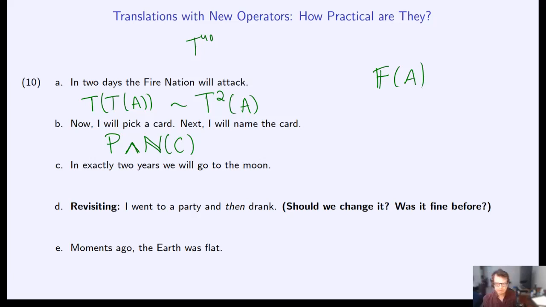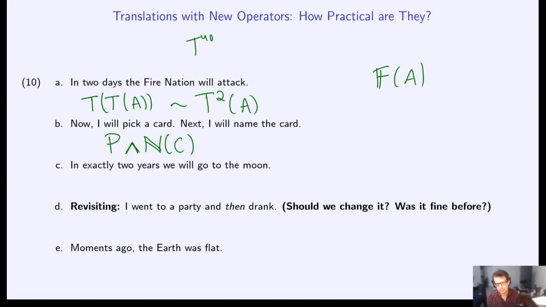Now, the question is, is this translation actually good? Because what really does next mean here? Does next mean the very next point in time, or does next mean after this entire event of picking a card? Because normally you pick a card and then you look at it and then you show your friends so they know what the card is.